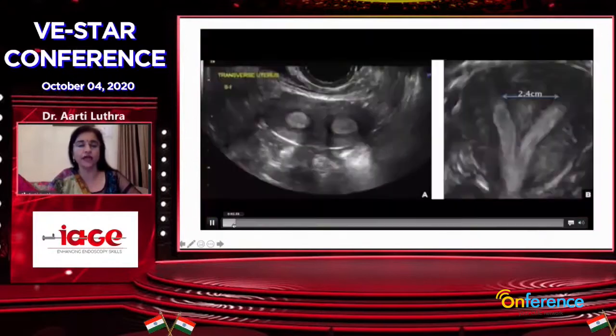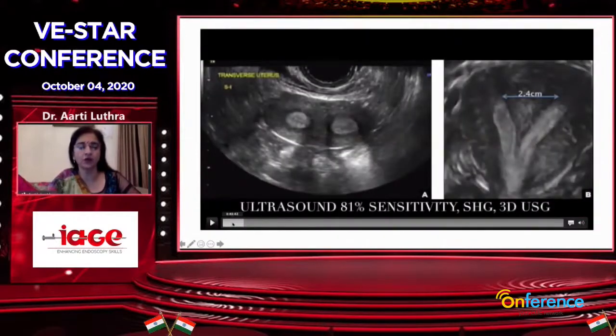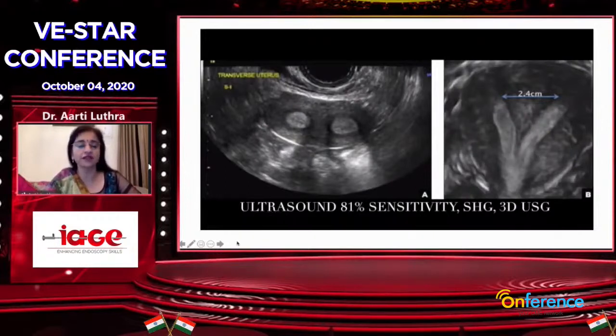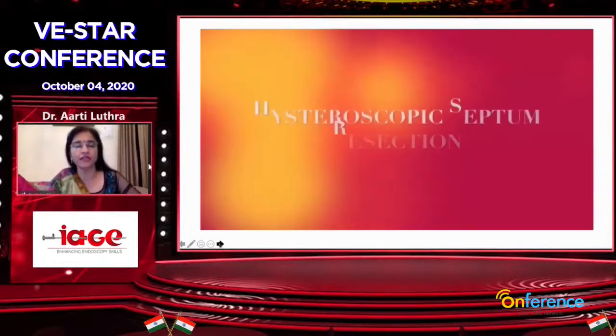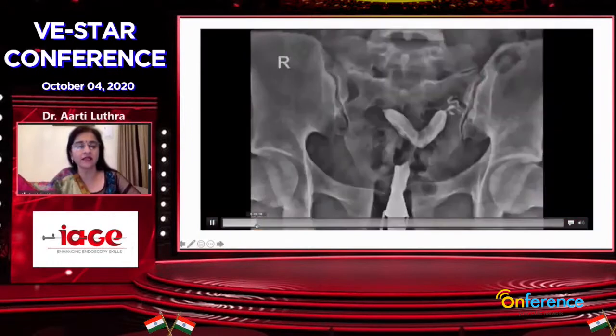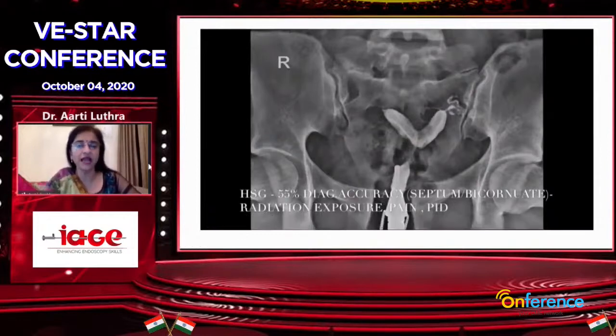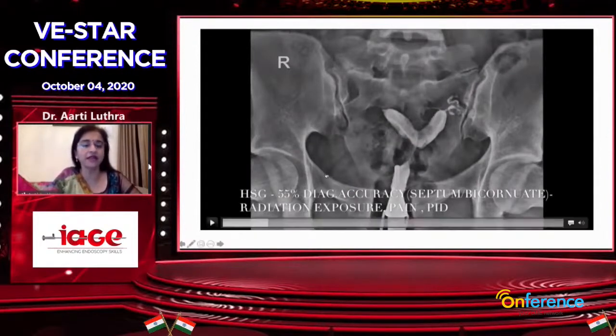As we all know, for diagnosis, ultrasound is a very sensitive tool, and 3D ultrasonography can be as sensitive as 81%. Sonohysterography gives us further resolution to see the cavity and decide the kind of anomaly the cavity has. HSG is another modality which we do routinely for all our infertile patients, and it gives us a very clear idea about the cavity of the uterus.